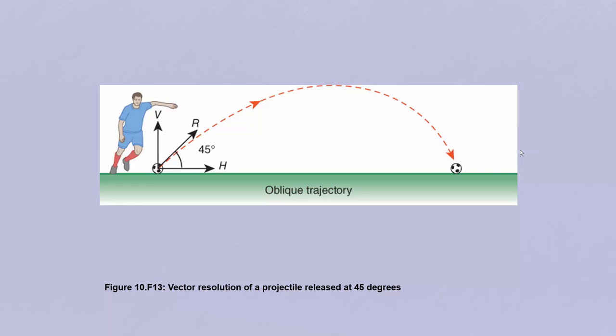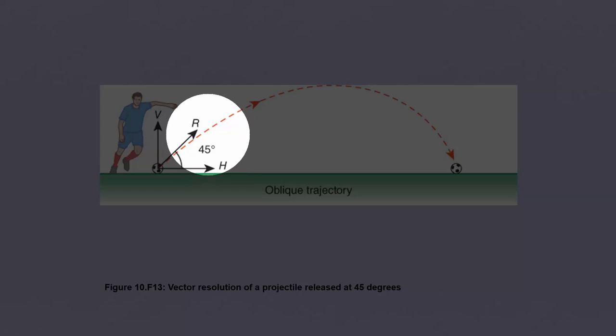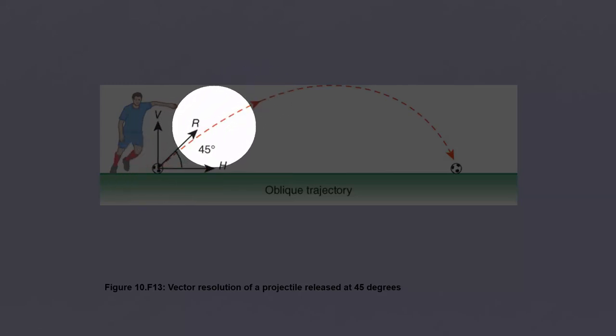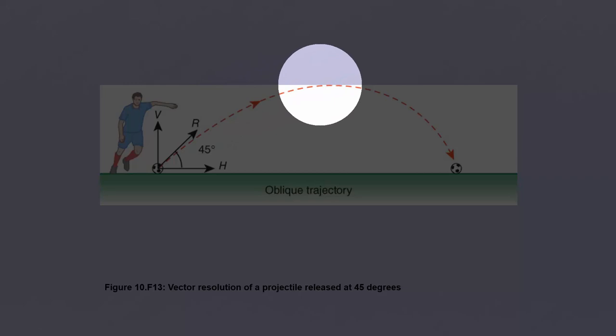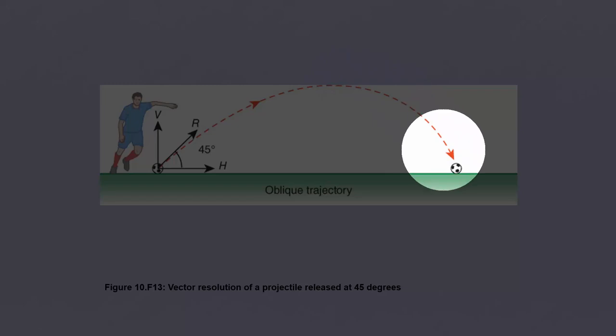But because it's in the air, it is governed by 9.81 meters per second squared, and therefore the soccer ball's vertical velocity is going to change. As it's going up, its vertical velocity ultimately is going to decrease, right? It's going against gravity, until at the top the velocity will be 0. And then it starts to increase. It then has negative velocity, and then ultimately comes to the ground.